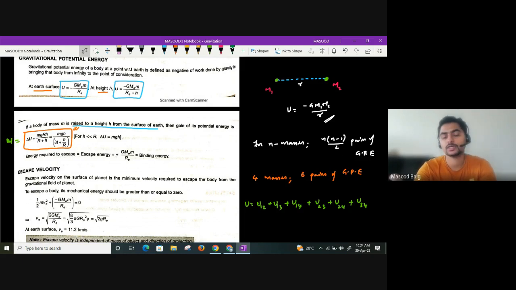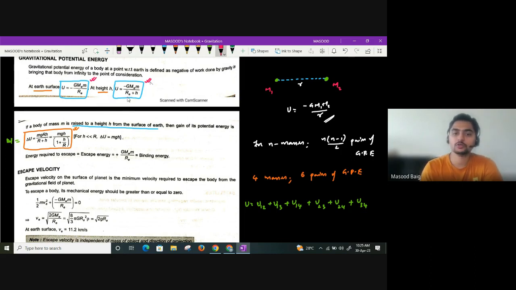Please remember, when two masses are separated by distance r, the expression for potential energy will be -G m1 m2 divided by r. And if you have n masses, there will be n(n-1)/2 pairs of potential energy. On the surface of the earth, the potential energy value will be -GMm/r. At a certain height, it is -GMm/(r+h).